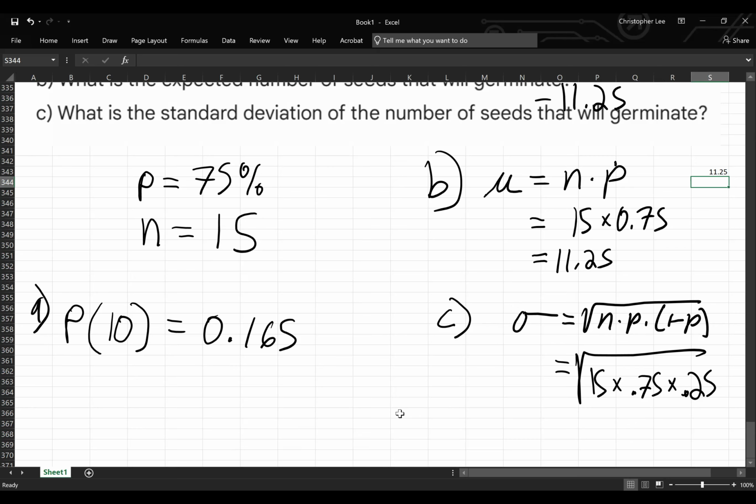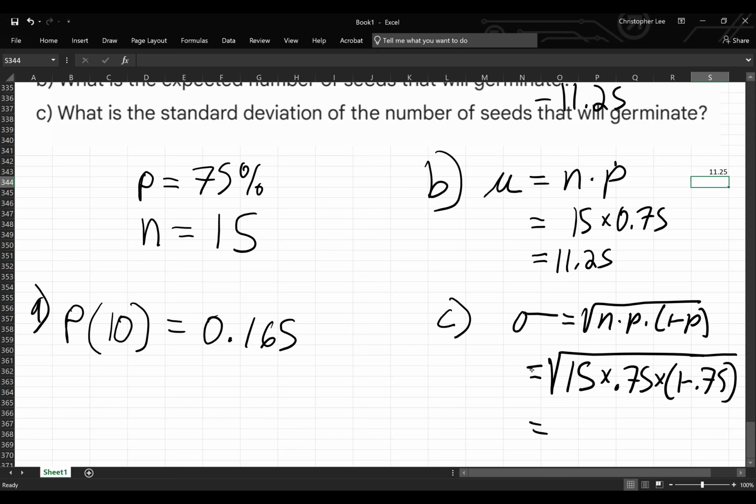Because it's 1 minus P, so you take 1 minus 0.75 to get 0.25. Can you repeat that one more time, please? Just write it like this: 15 times 0.75 times 1 minus 0.75, and hit enter.